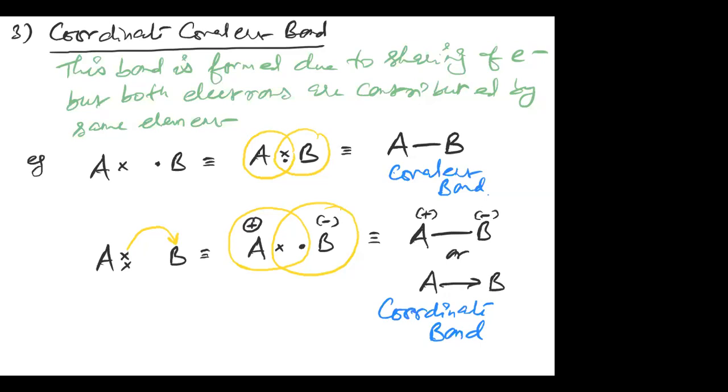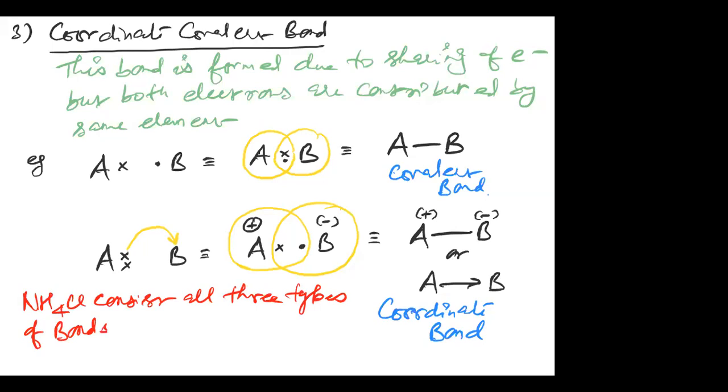So here, if you see an example, ammonium chloride consists of all three types of bonds. If you see the ammonium ion, nitrogen is connected with hydrogen, hydrogen, hydrogen, and hydrogen, with a positive charge on the nitrogen, and there is a chloride ion.